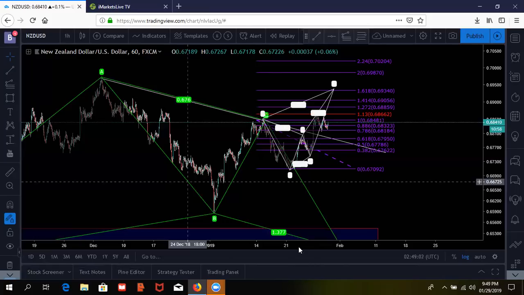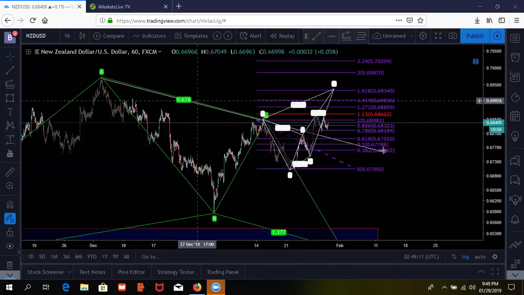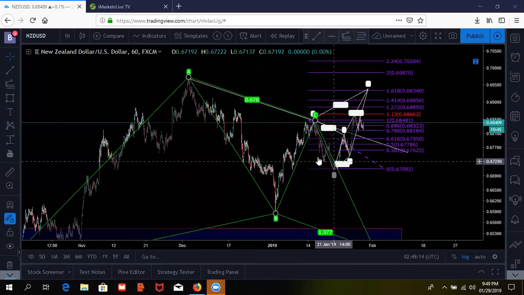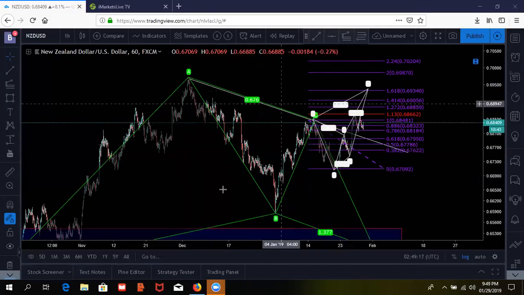So when it does that, what do you do? Do you close the pending order? Honestly, this is still a valid pattern. Yeah, this is still a valid pattern right here.